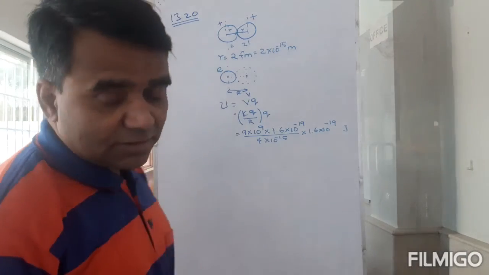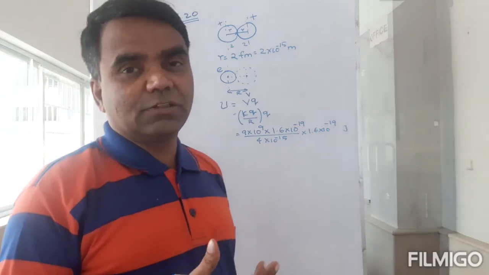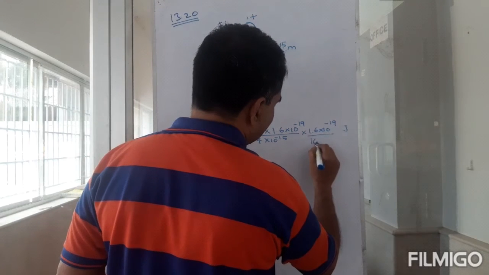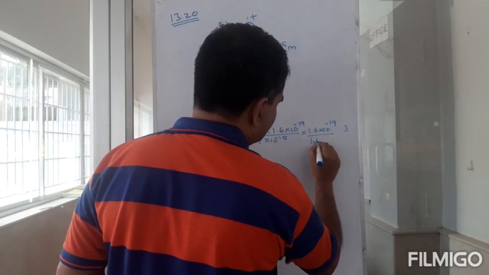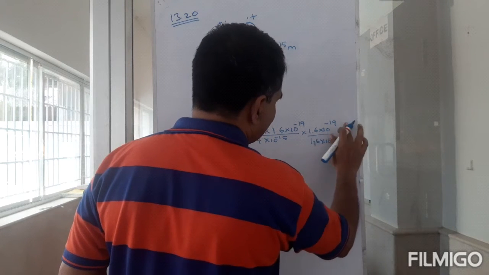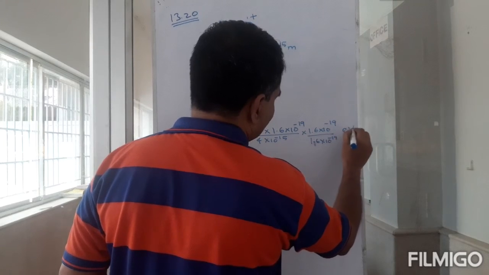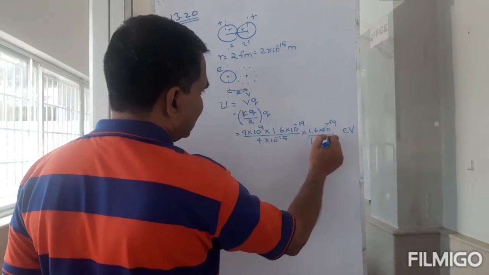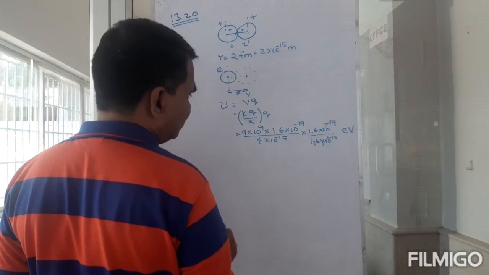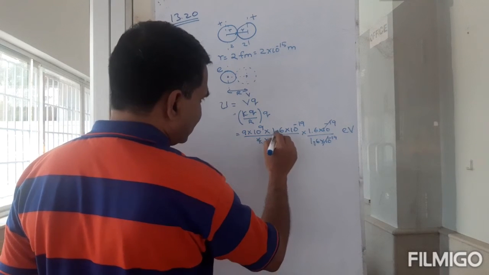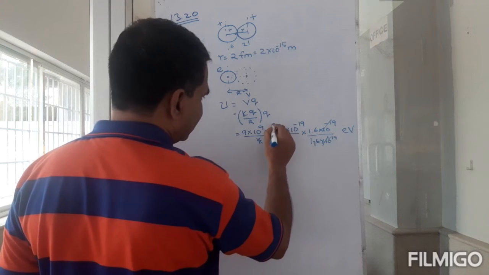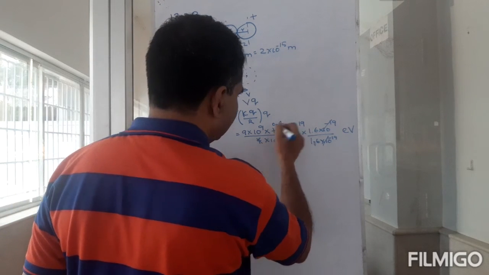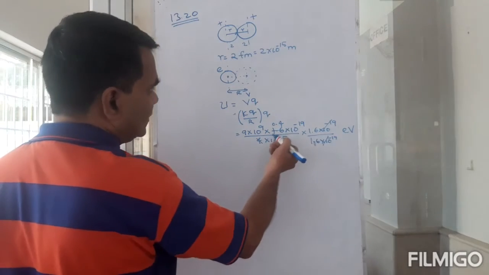And if you were to convert that into electron volts, then what would I do? I'll divide that by 1.6 into 10 power minus 19. Now this is going to become electron volt, no longer joule. So this will cancel with this, and this 4 will become 0.4.